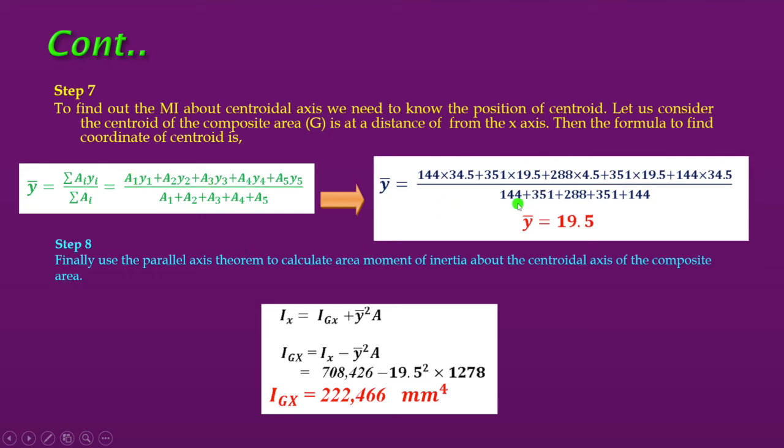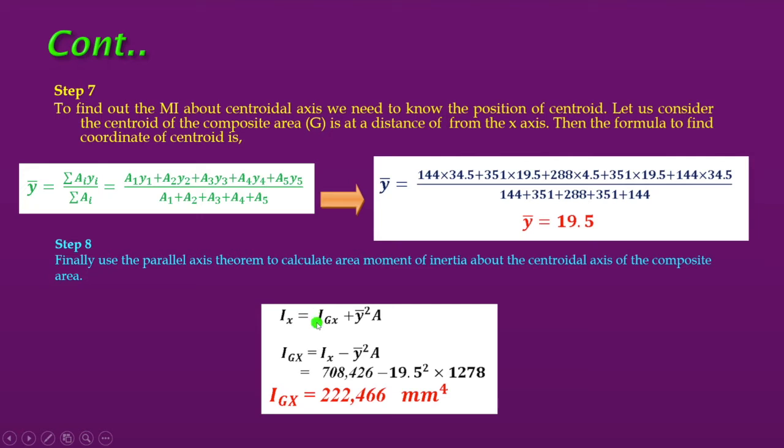So substitute and get the y bar value as 9.5. Means the centroid of the entire area is at a distance of 9.5 millimeter from the x-axis, that we have calculated. So about the x-axis, this Ix value we have calculated.